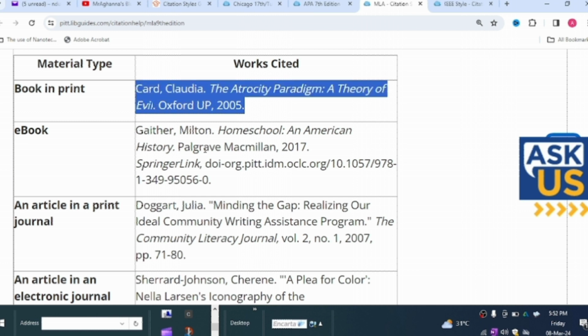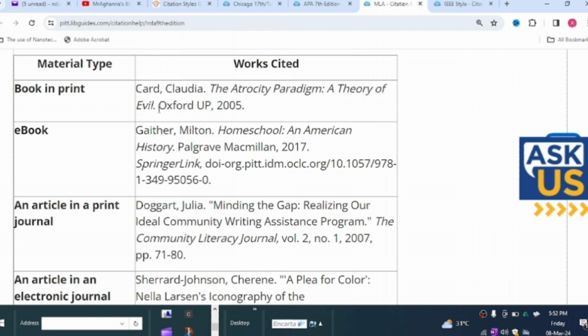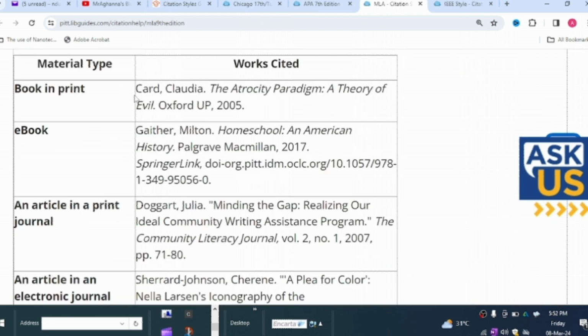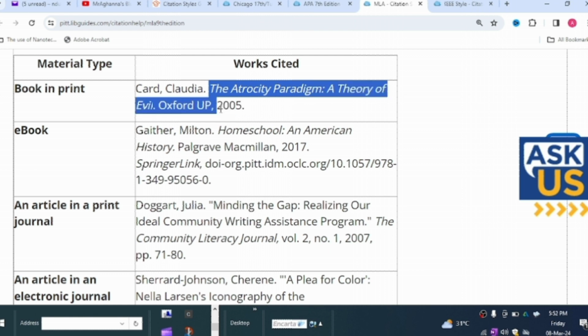If you look at this, you will see that it's different from the APA method of referencing. Here you have the author's surname, after which you have the first name written in full, then followed by the title of the book.